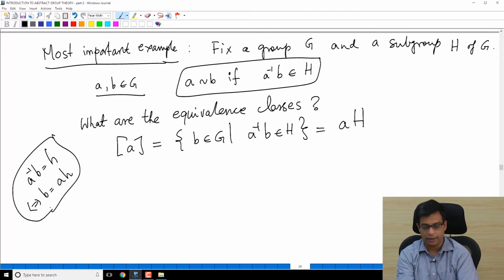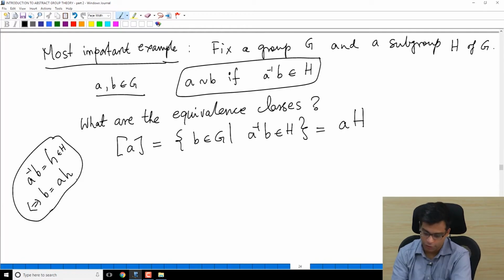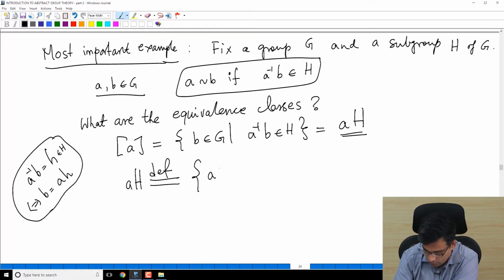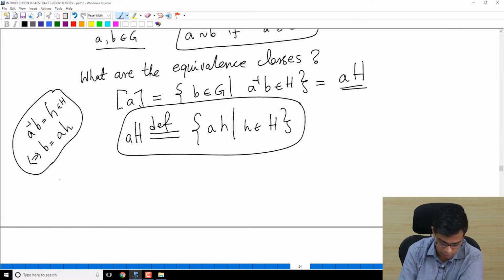So B is related to A if and only if B is A times an element of H. So this is just this set. This set, remember, is my notation. The definition is this. So the equivalence class of A is simply AH.